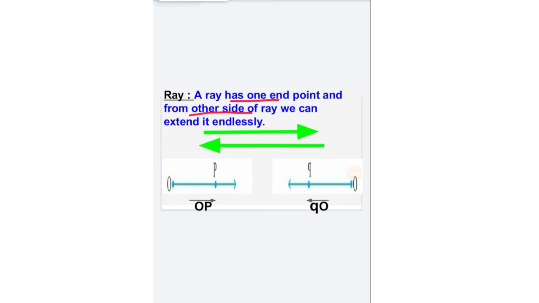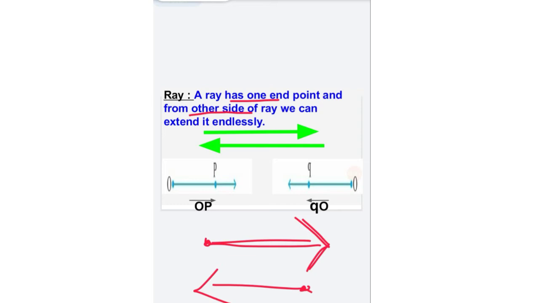This means a ray is a combination of a line segment and a line, in which on one side we have an endpoint as in a line segment, whereas on the other side we have an arrow, which means we can extend that line from that side endlessly as in a line. So the arrow can be of two types, one in which the arrow is on its right side and the other in which the arrow is on its left side.